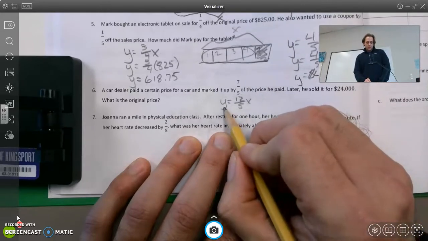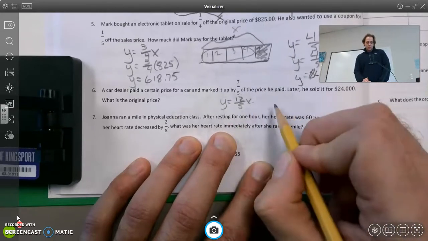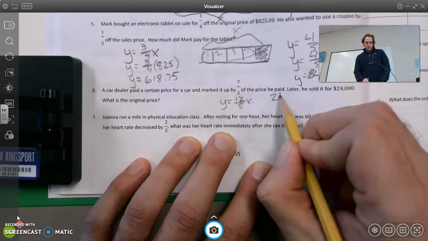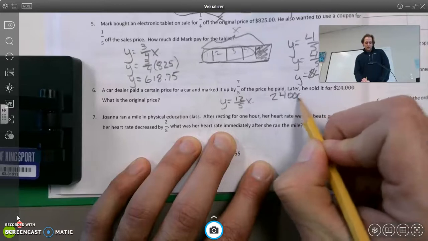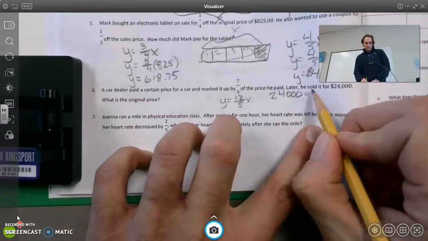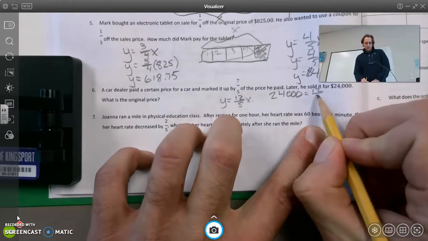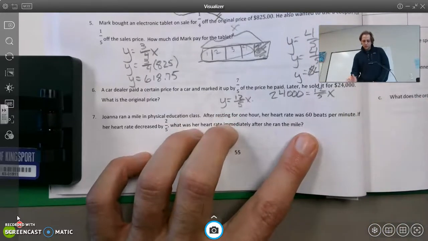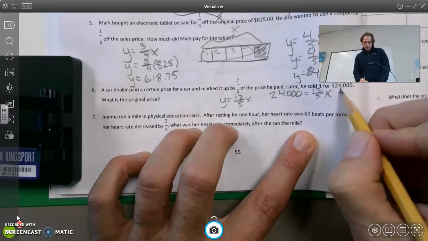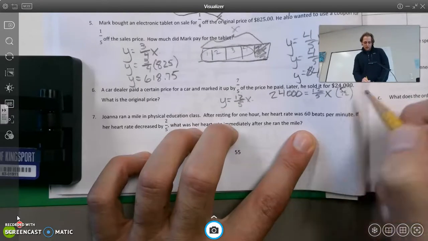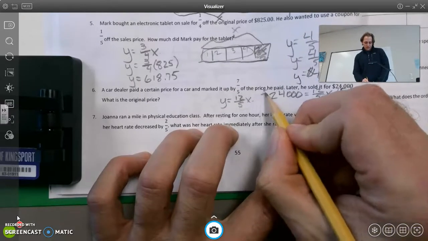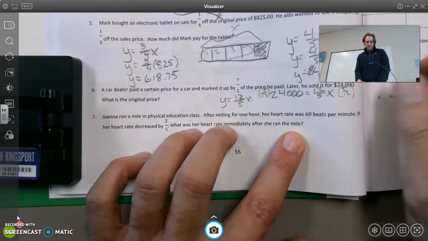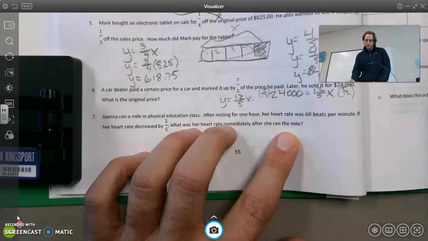So y is equal to 12/5 of the original price. This is the amount he sold it for. This is the original price. So the amount he sold it for is $24,000, and that's equal to 12/5 of x. So I am going to divide by 12/5 or multiply by 5/12. Either way, same thing. It's a good refresher that dividing by a fraction is the same as multiplying by a reciprocal.